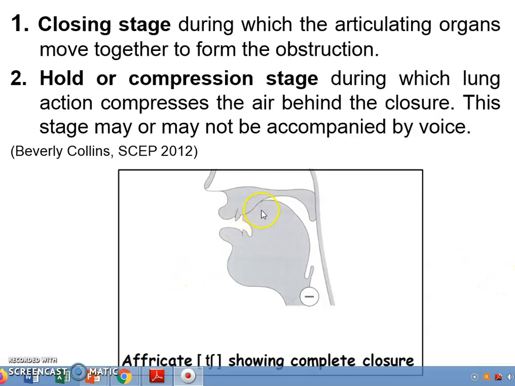Also, at the same time, we see that the front of the tongue is raised towards the hard palate. So this is a feature of the affricates. The tip and blade of the tongue articulate with the alveolar ridge, and at the same time, the front of the tongue goes in the direction of the hard palate.